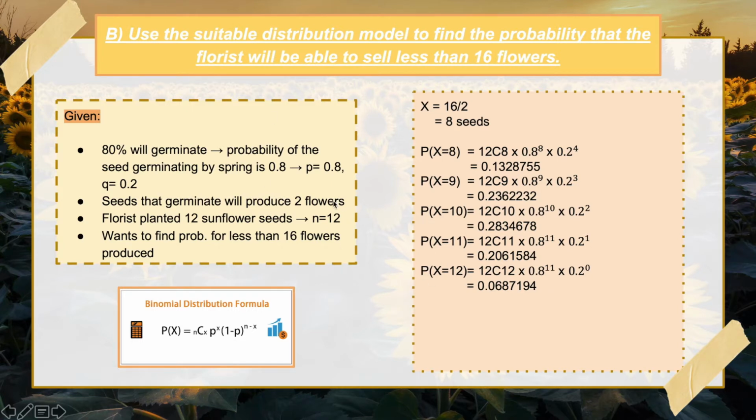So the probability that x is less than 8 is 1 minus the probability of what we have found. After we subtract it, we can find that the probability that the florist will be able to sell less than 16 flowers is 0.0723.